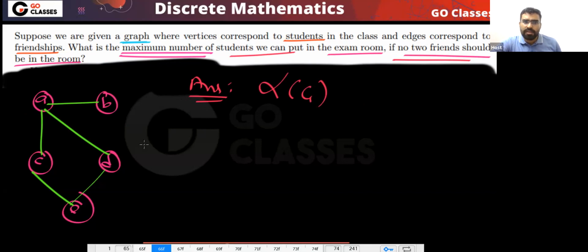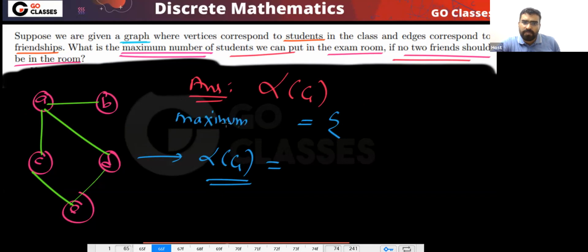So very simple. For this question, what is alpha of G for this graph? What is the largest independent set you can create? For example, you can take B. If I take B, can I take something else?